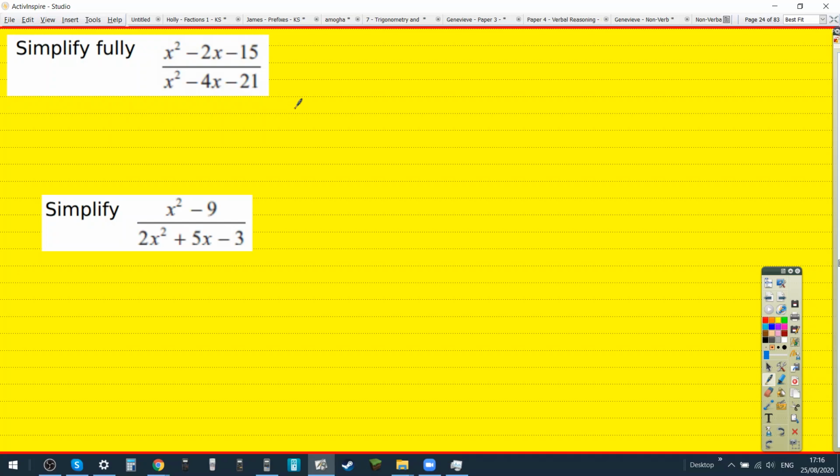So, times to 15 adds to 2. Okay, so what times to make 15? I'll go minus 3 and 5. Yeah, that'll work.